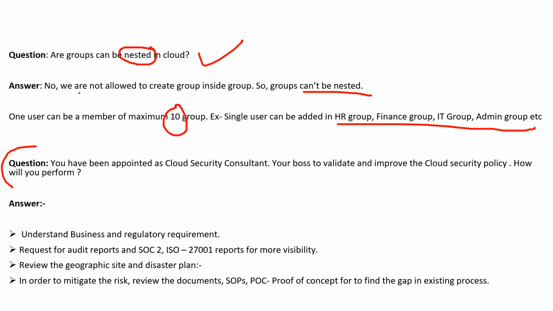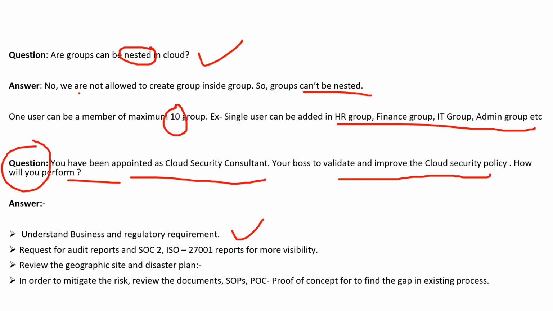If we talk about the next question, guys: you have been appointed as a cloud security architect, as a consultant, and your boss asks you to validate and improve the cloud security policies. How will you perform? So first, your response should be to understand the business and regulatory requirements, right? For example, in which sector the organization is dealing.